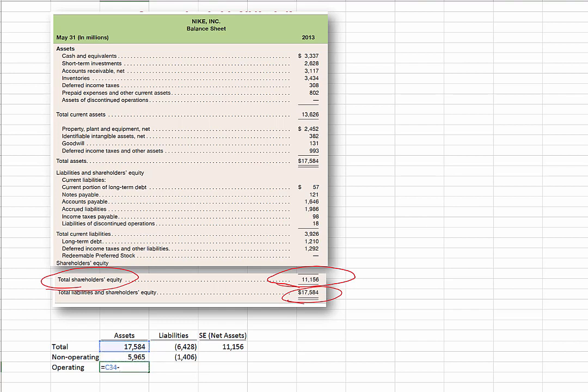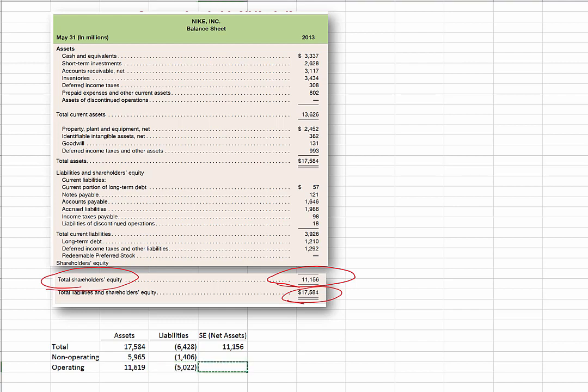That gives me operating assets of 11,619,000,000. And now my operating liabilities are going to be total liabilities minus non-operating, and that gives me 5,022,000,000 in operating liabilities.